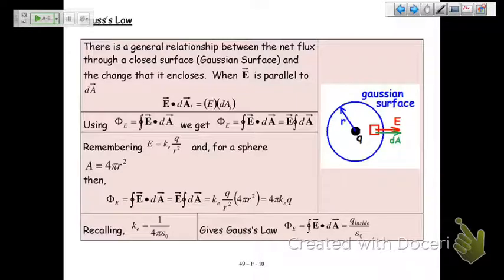I can do whatever I like with it, but if I want to get a good answer simply, I'm going to use symmetries. Because flux is equal to E dot dA, that's E times dA times the cosine of the angle between, and I'm going to do that for every little tile.